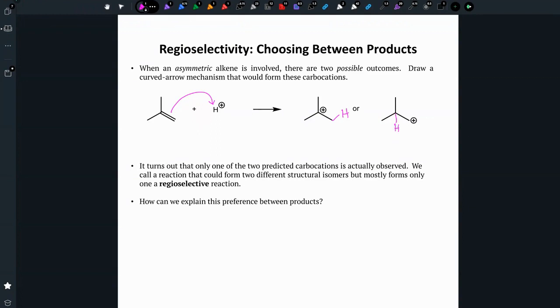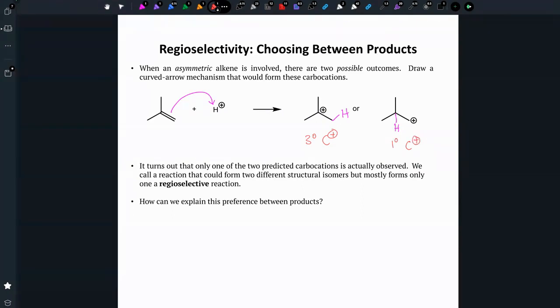And I get different results depending on which carbon I bond the hydrogen to. Based on our previous discussion, hopefully you recognize that my two choices here are not equivalent. I could have a tertiary carbocation, or I could have a primary carbocation.